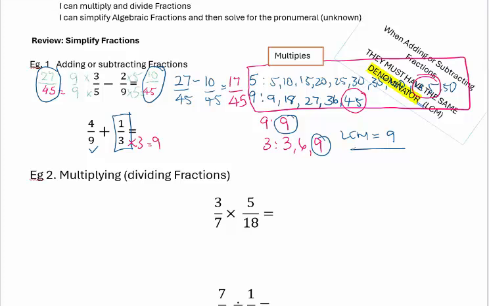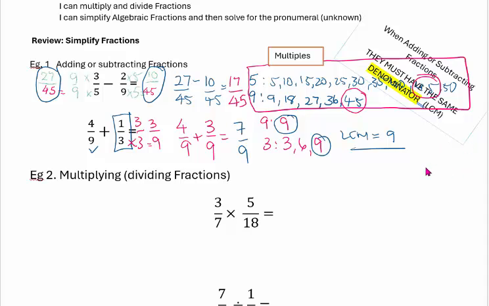That would be 3. Whatever you do to the bottom, you must do to the top. So it becomes 3 on 9. Rewrite it: 4 on 9 plus 3 on 9 equals 7 on 9. When you do algebraic fractions, you have to use this same strategy to find the lowest common multiple.